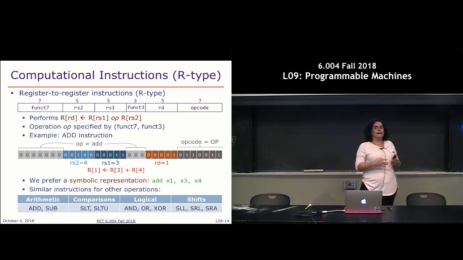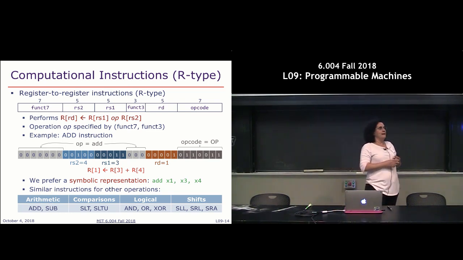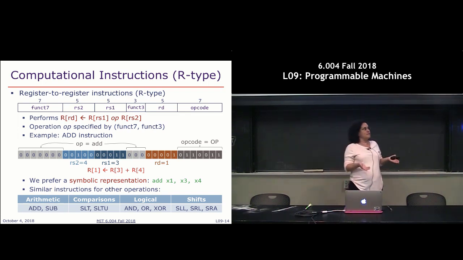The one thing that is basically done in order to simplify the hardware is that wherever it's possible, the designers of the RISC-V instruction set architecture wanted to make the same type of bits map to the same location. Okay, so you're going to find that regardless of what type of instruction it is, your RD is always going to be in these 5 bits. Your RS1 is always going to be in those 5 bits, and so on.